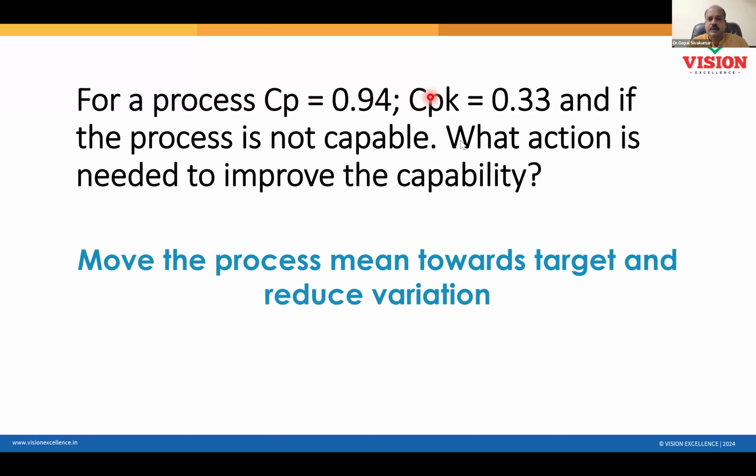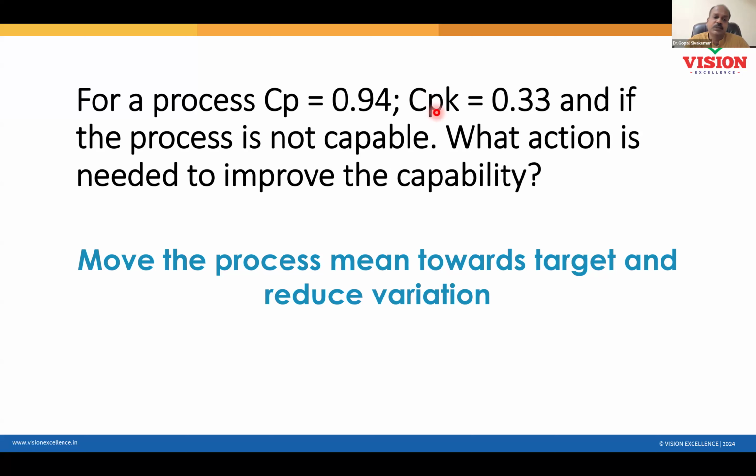Sir, if above 15 is not acceptable and below 15 is acceptable, then will the CPK on the lower side be recommended? No. In any case, CPK should be more than 1.67.